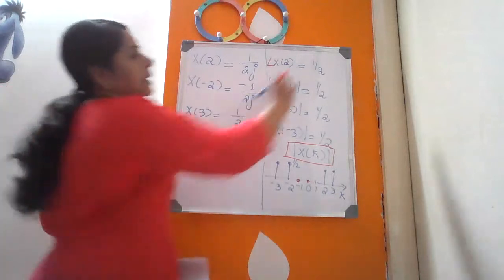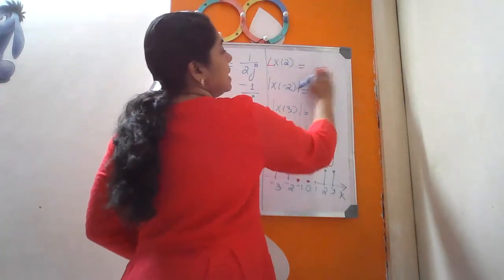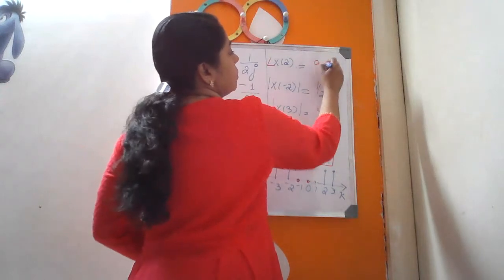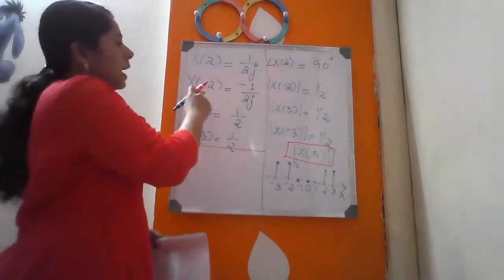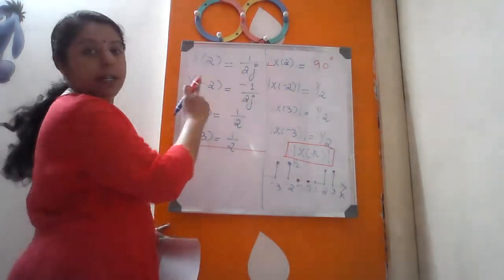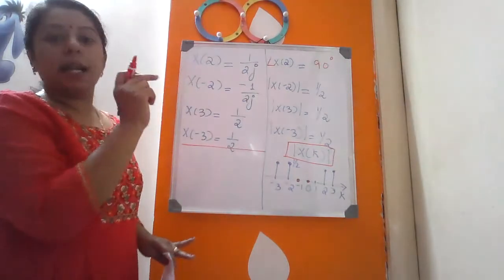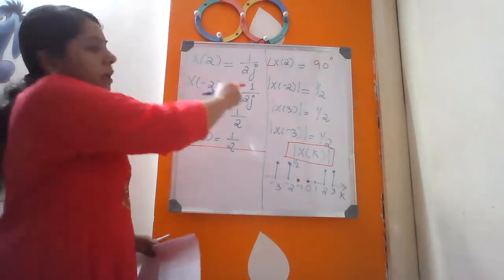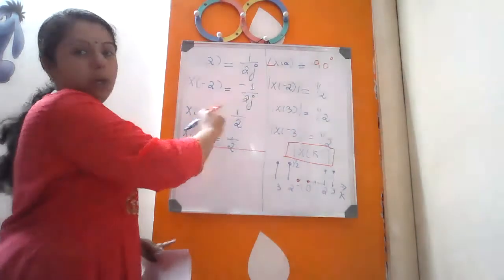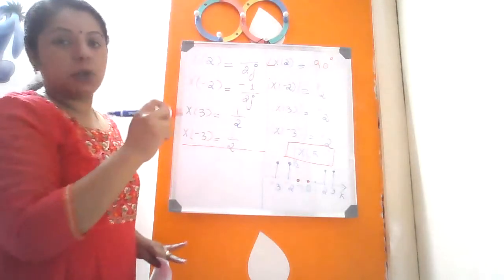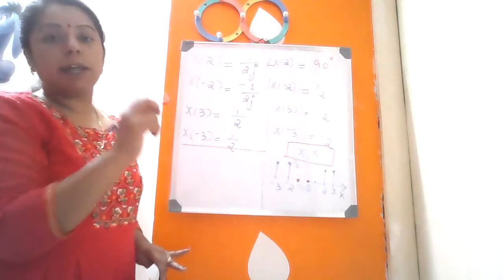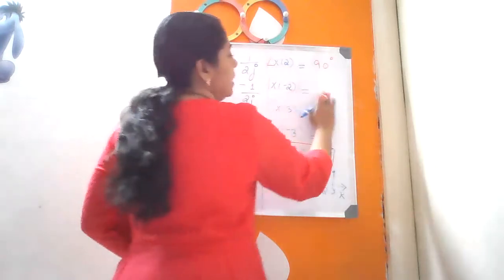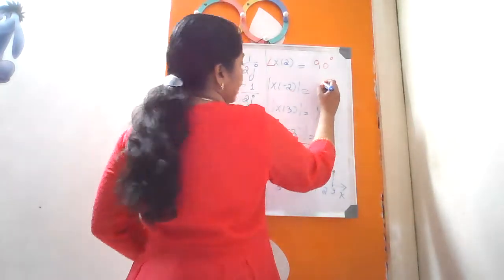I can directly write this as 90 degrees. Isn't it? Similarly at minus 2, I'll get it the same way. I'll get tan inverse of the imaginary part, 1 by 2, divided by the real part, 0. So again I'll get tan inverse of minus 1 by 2 by 0.